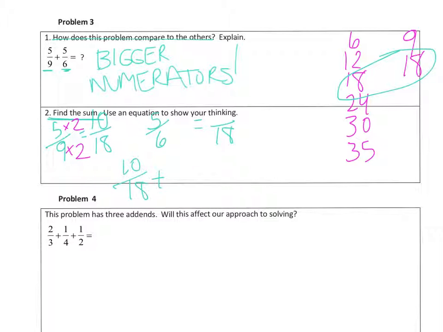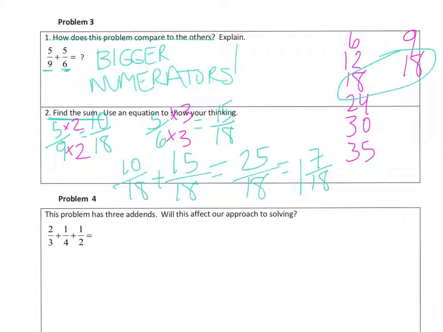Well, 6 times 3 is 18, so we'll multiply both by 3. 5 times 3 is 15. So we have 10 18ths plus 15 18ths is 25 18ths. Are we done? Heck no, because that's still an improper fraction. So I'm going to take 18 of my 18ths and turn them into a 1, and then I still have 7 18ths left over.